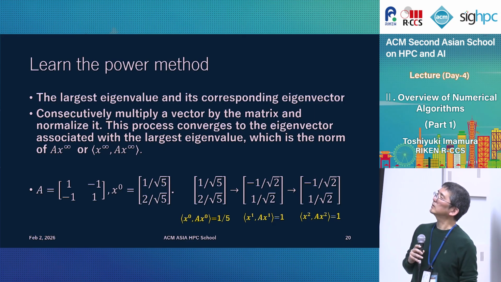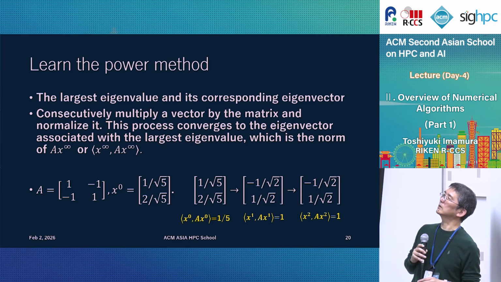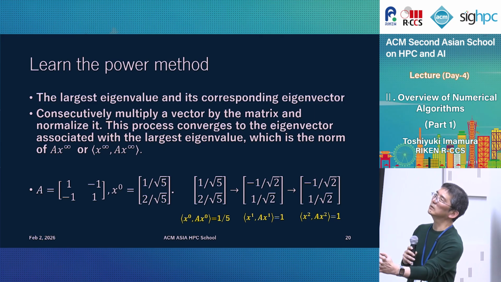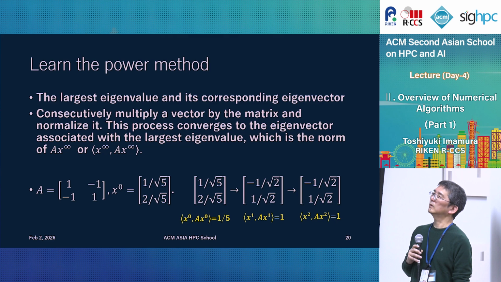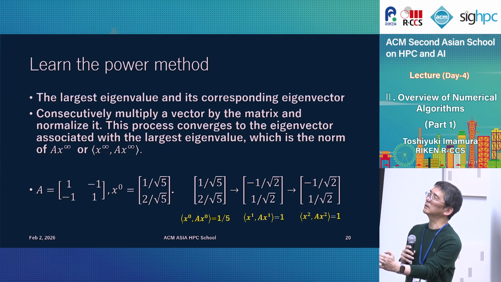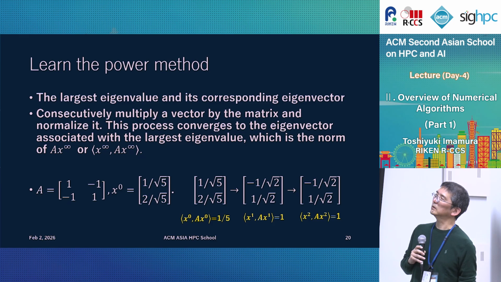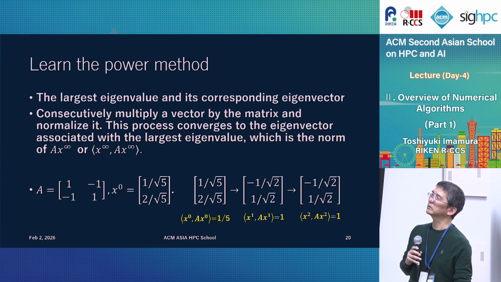But if the largest eigenvalue is identical only to one, that is, only a single eigenvalue exists and it is not duplicated, then mathematically we can guarantee this process converges to the largest eigenvalue.